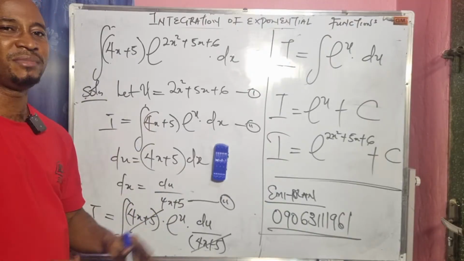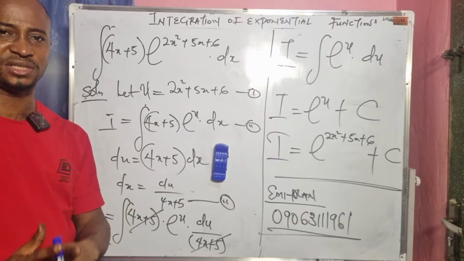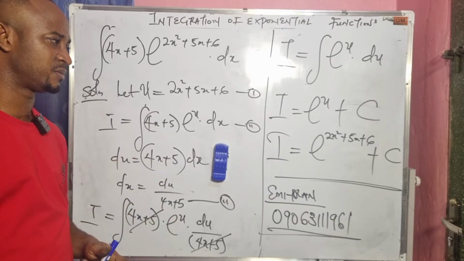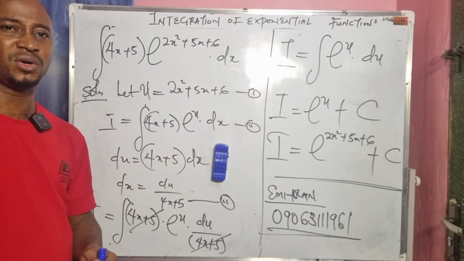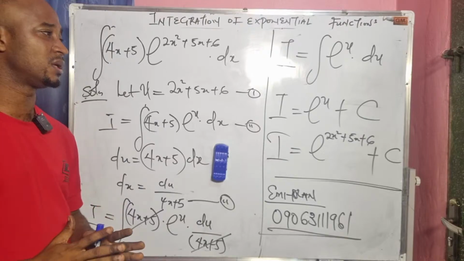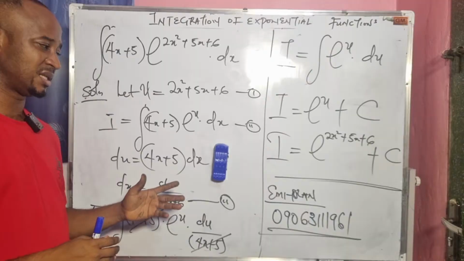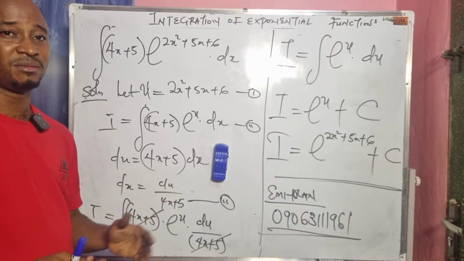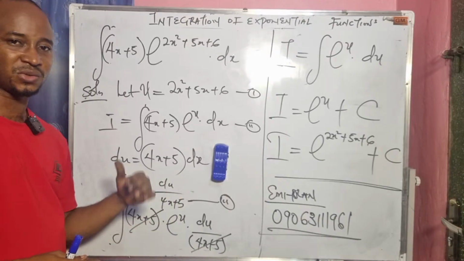Then anytime we are meeting again, we'll just be on revision on integration and differentiation and their application. Then the last class on calculus will be on tangent and normal to a curve, which is a class I would have done before this, but I skipped it. I will come back to that class.